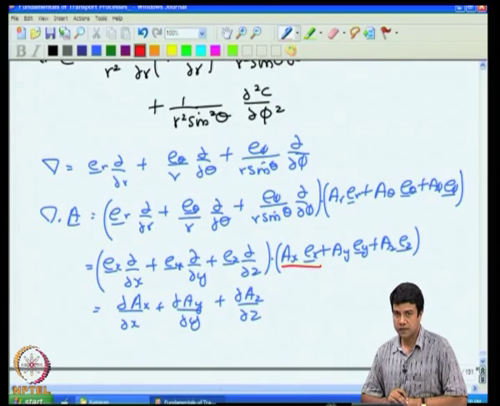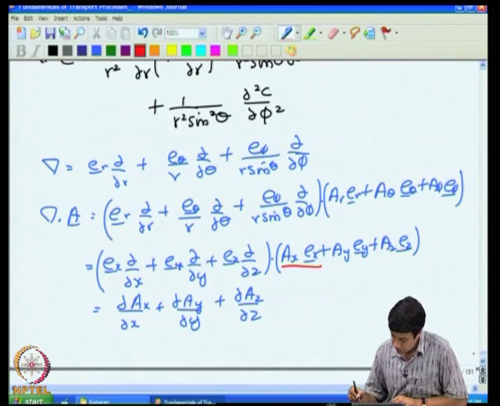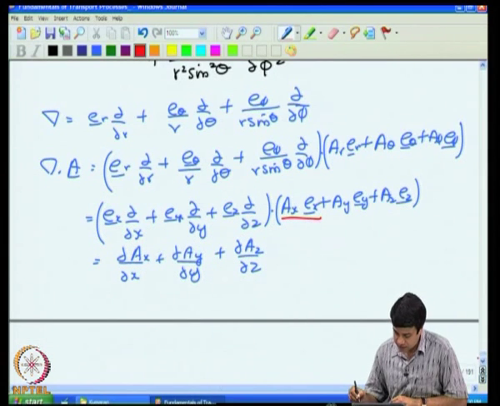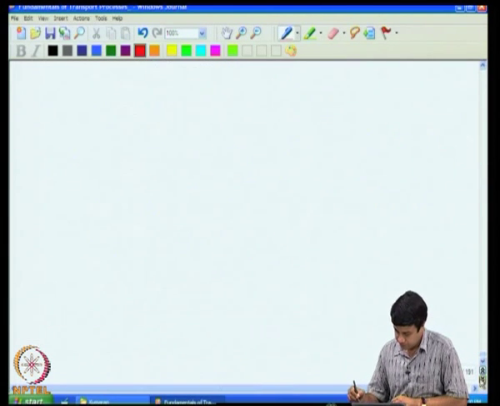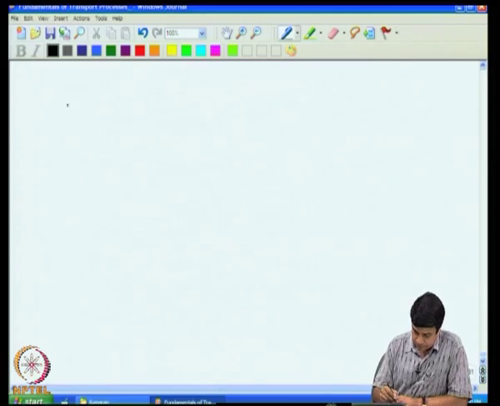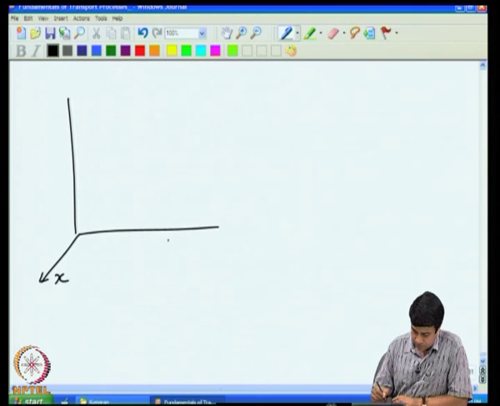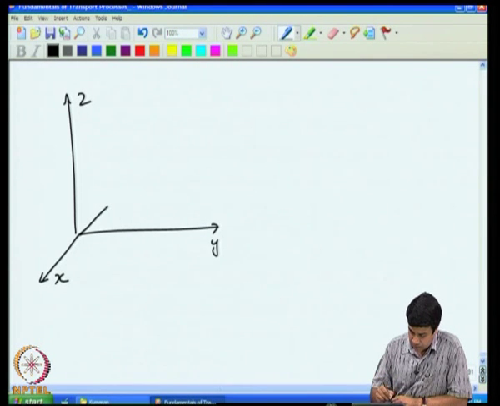Unit vectors do not vary with location, and therefore, I was just able to take the unit vectors out of the derivative sign and take the derivatives only of the components. In the spherical coordinate system that we are considering here, the unit vectors do change with position.